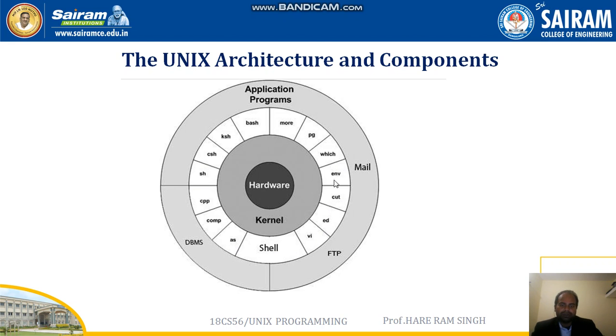These are the different commands in the Unix operating system, and they are also called utilities. After that, the outer part has the application programs: mail, FTP, and DBMS. So this is how the Unix operating system is structured.